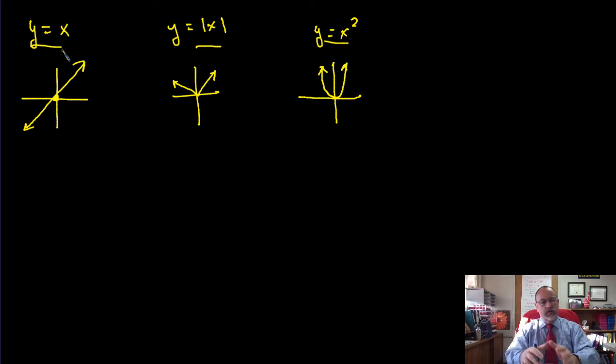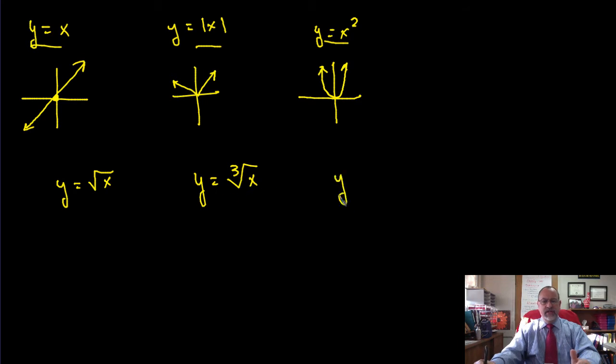So in this lesson, we want to look at two more types of graphs that we need to be familiar with. We want to look at what the shape of the square root of x looks like, and what the shape of the cube root of x looks like. And actually, this is what x cubed looks like. We haven't looked at this one a lot, but we're going to look at that because it's tied to this one.